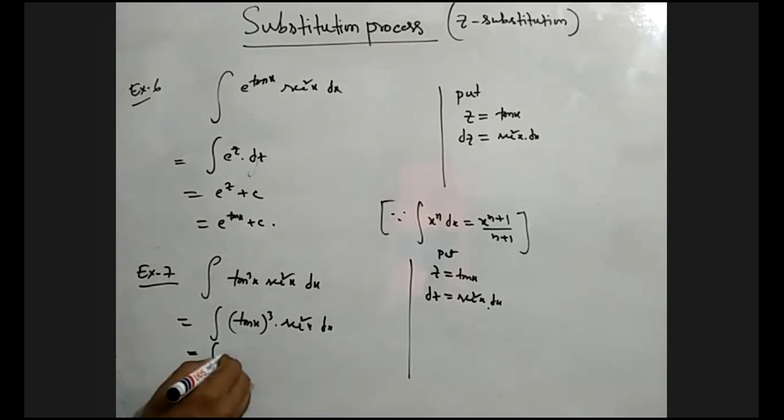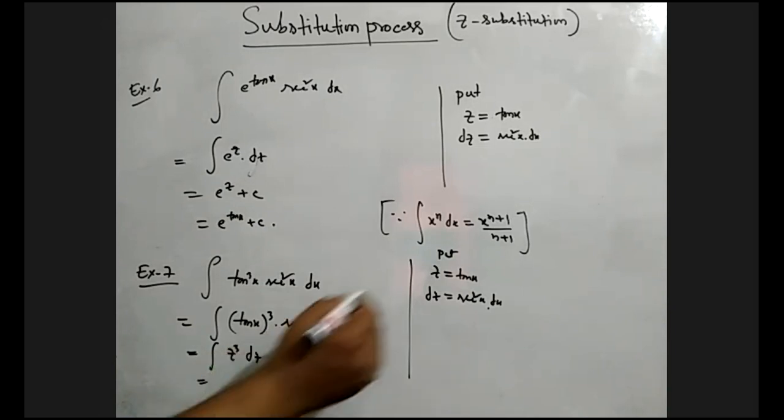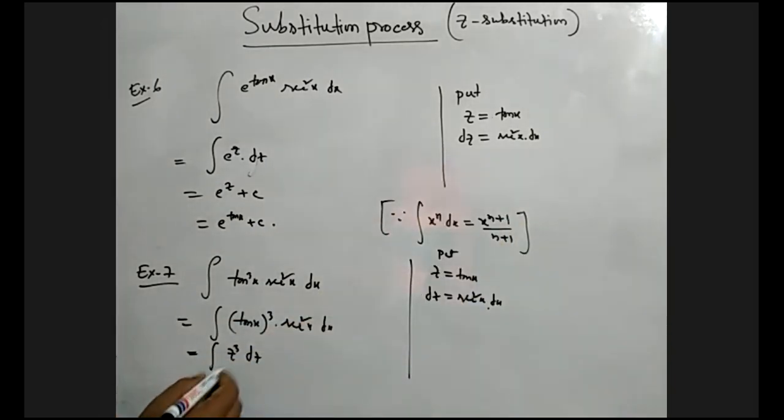So this will be what? Z cube, and this will be only dz. So using the power rule, the x to the power n formula, what? Z to the power 3 plus 1 divided by 3 plus 1 plus c.